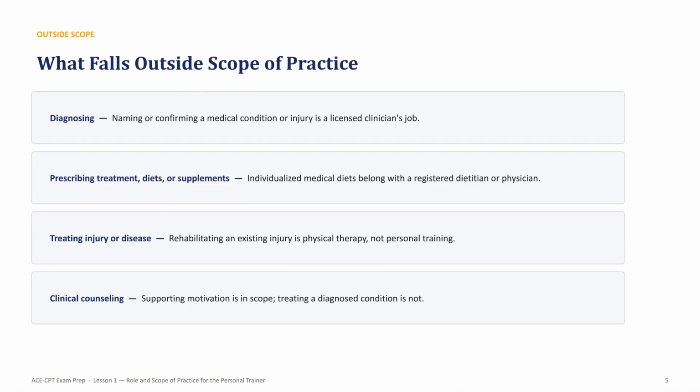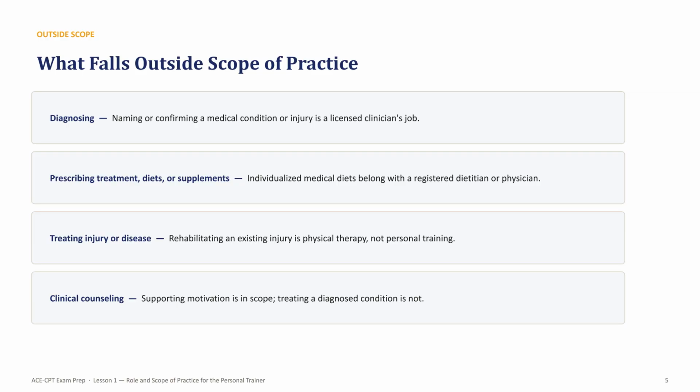Now let's flip it around and look at what's outside your scope, because this is where trainers get into trouble if they're not careful. First, diagnosing. Naming or confirming a medical condition or injury is a licensed clinician's job, not yours. Second, prescribing treatment, diets, or supplements. Individualized medical diets belong with a registered dietitian or a physician.